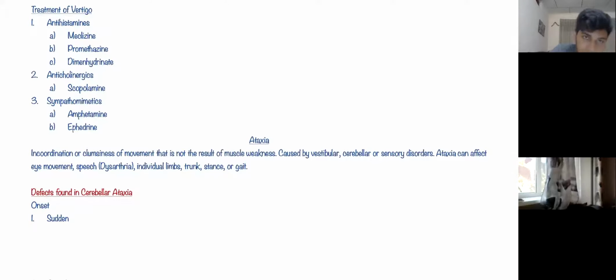You might know this drug. Okay, forget that. This is called scopolamine. It's an anticholinergic which you give for motion sickness. So if you guys don't know this, there are people who vomit when they travel in a vehicle.